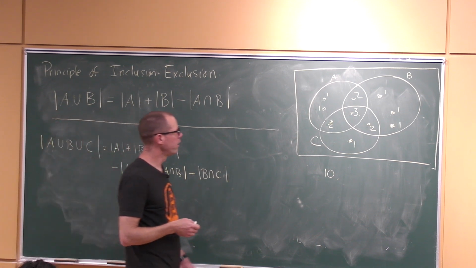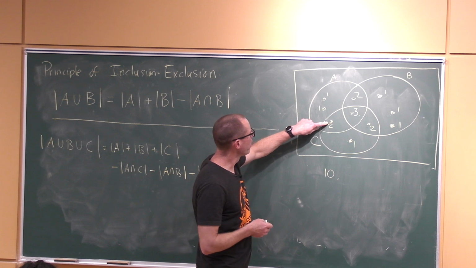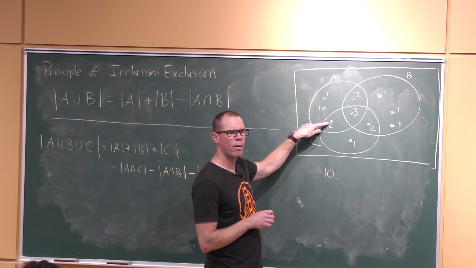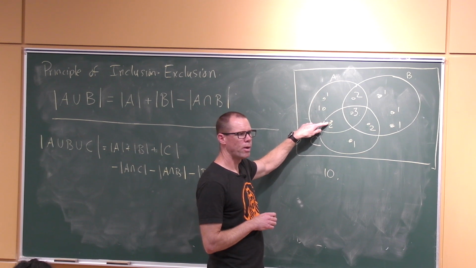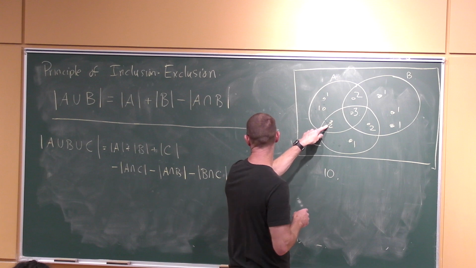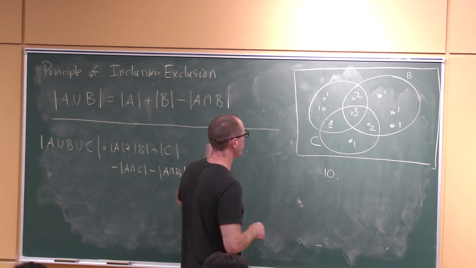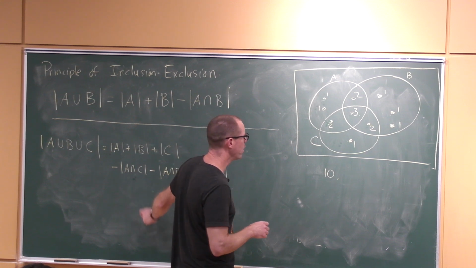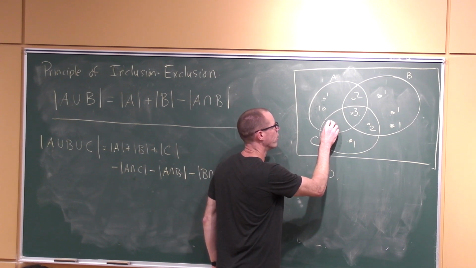Okay, so this point here that's in A and B, how many times has it been counted now? So I counted it once in A, once in B, but then I subtracted it once because it's in A and C. So this has only been counted once now.